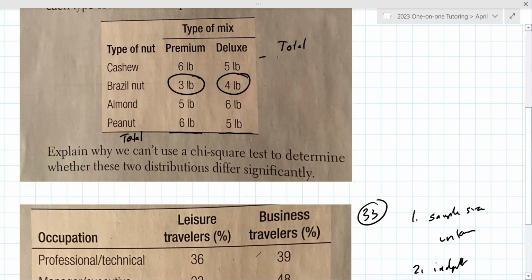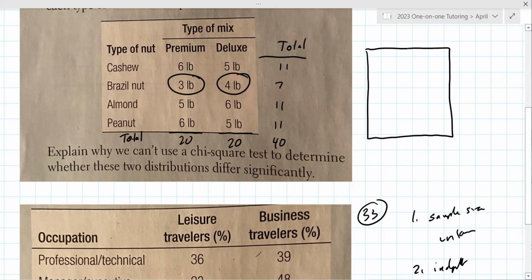So we want to find the row and the column totals. That's 20. So 40. If we made an expected matrix over here, did your teacher happen to cover how to do that in class? With the calculator, or actually putting them in?